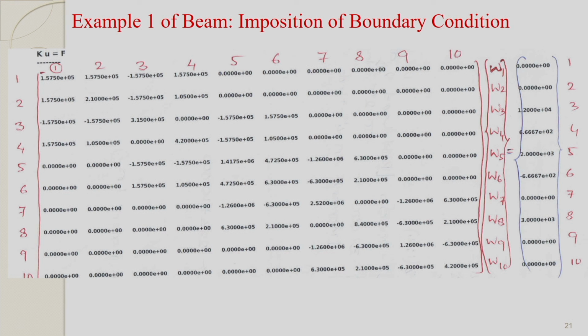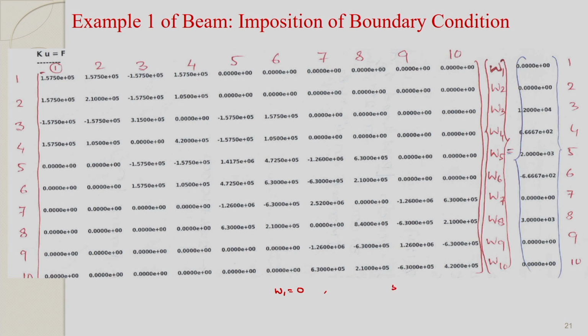Now, we have to impose the boundary conditions. Here we have 2 boundary conditions. For node 1, deflection is 0, that is W1 is 0, and for node 5, that is the rightmost node, deflection is 0.